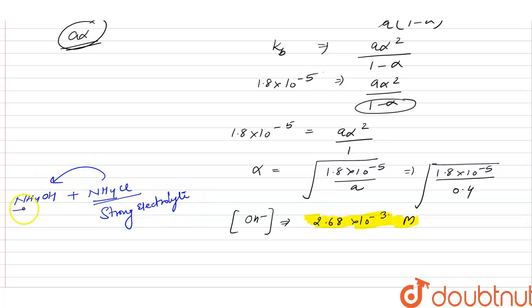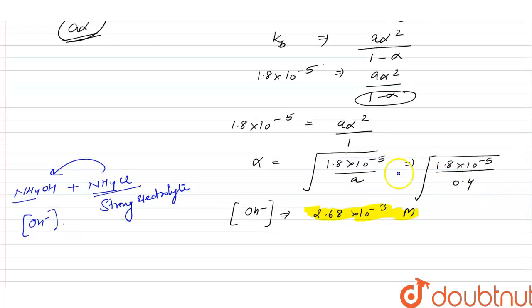NH4 positive is common in both, so due to common ion effect, this strong electrolyte will suppress the concentration of OH negative. So the concentration when we add NH4Cl to NH4OH will be less than this.